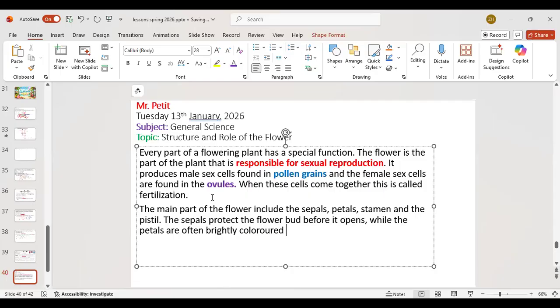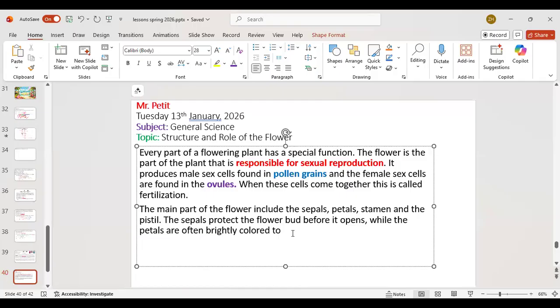Besides their color, what else does the flower use to attract insects? The scent. Very good. They also use nectar. They attract them because they're pretty, and the scent is also there to attract.